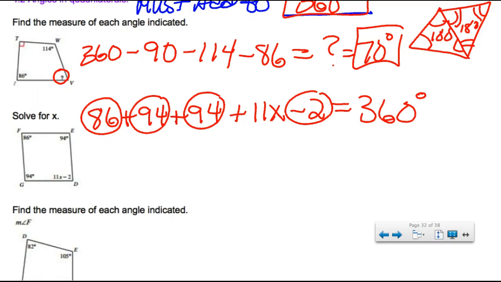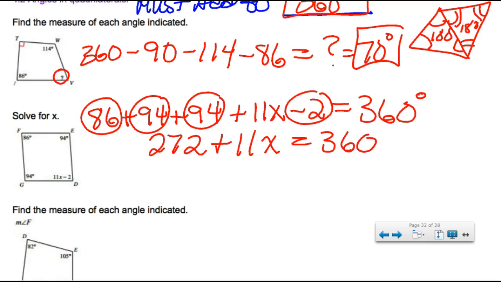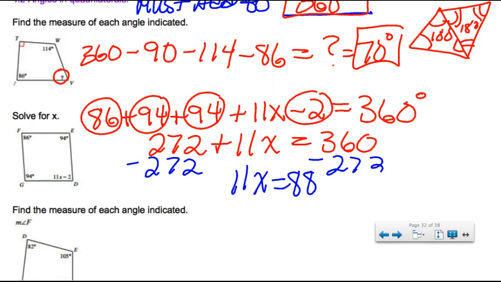When I add those up, I end up getting 272 plus 11x is equal to 360. So using a little algebra skills here, I'm going to subtract the 272, subtract the 272. I end up getting 88. So 11x equals 88. Dividing both sides by 11 gives me x of 8. And that's what it asked me for.